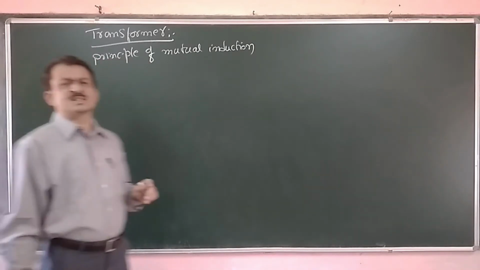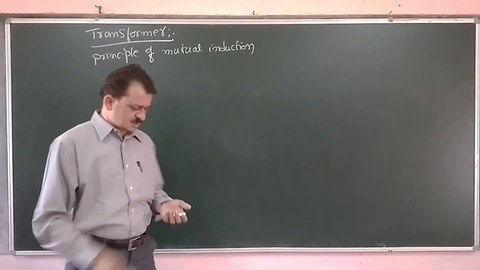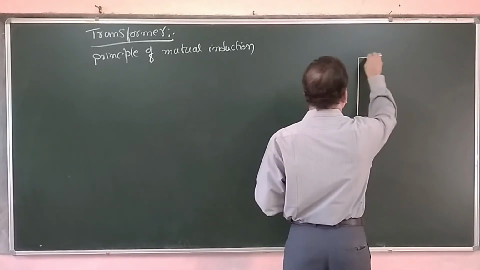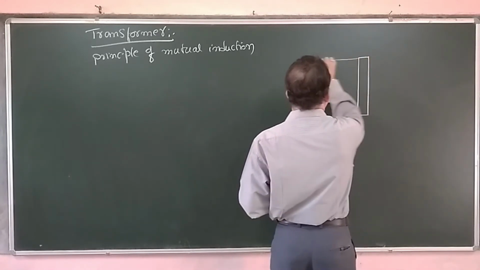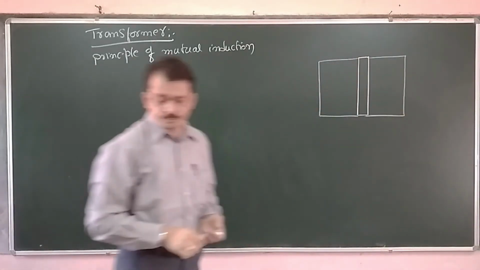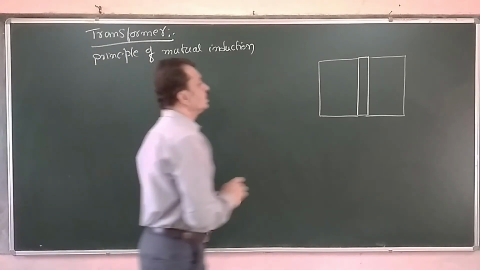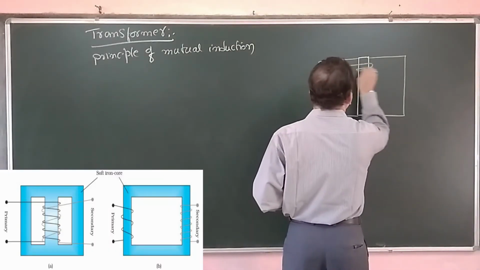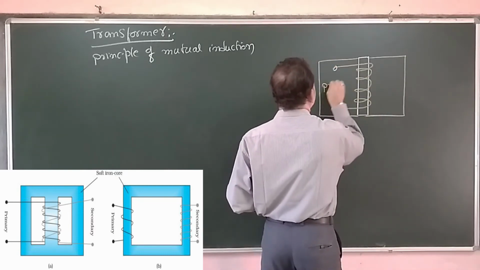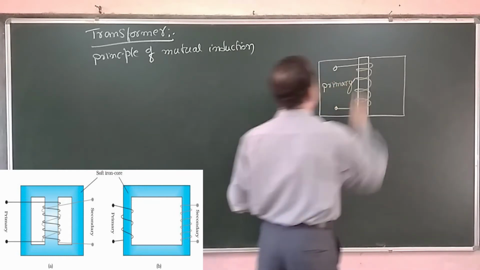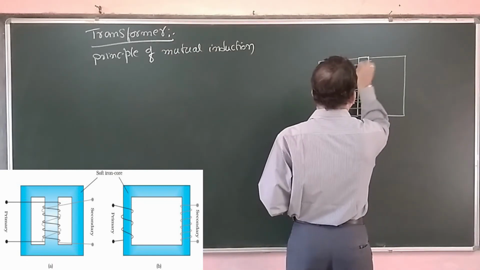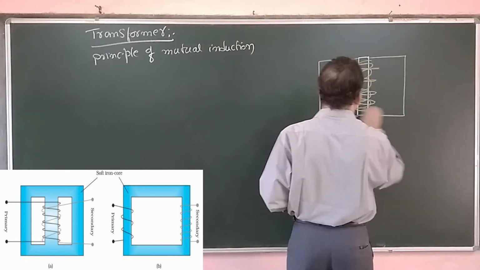Now this transformer consists of two coils. So we have a core, okay, this system. Now we have one coil which is called primary, which is wound on a core over which another coil is wound.